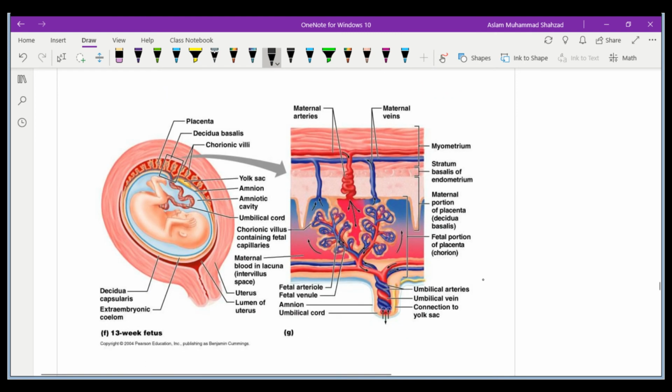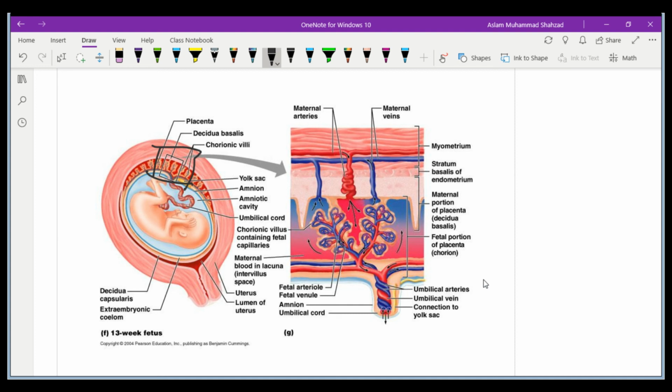This is another picture about the chorionic villi, and this section shows the chorionic villi. You can see this section is connected with the placenta, so if the trophoblastic cells proliferate and reach into the placenta, and enter the fetus, then it can cause hemorrhage as well.